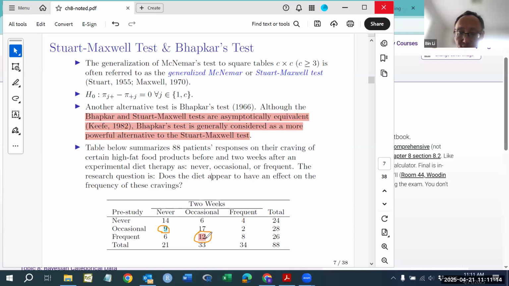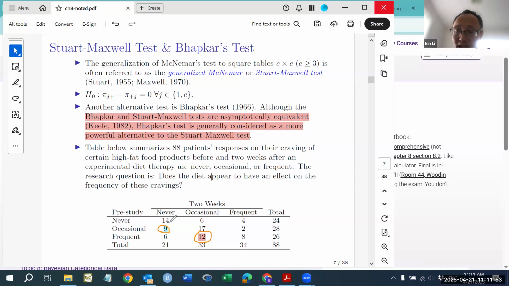For the 12, that means in the pre-study, 12 subjects answered that they would frequently like to have this high-fat food product, but switched to occasional after the 2-week diet therapy program. So you can see that 12. And also we have 9 subjects switching from occasional to never after the 2-week program.